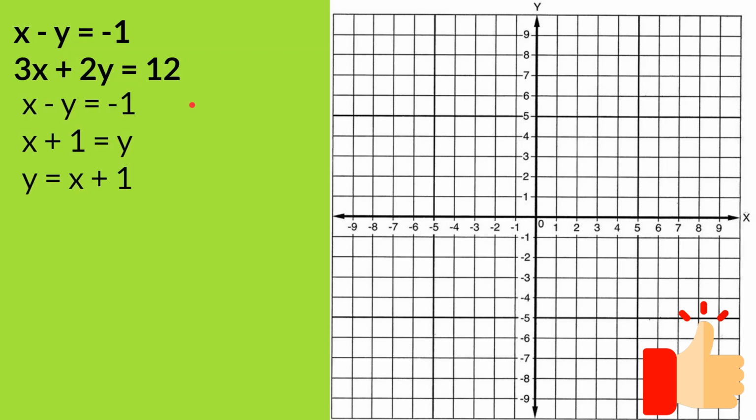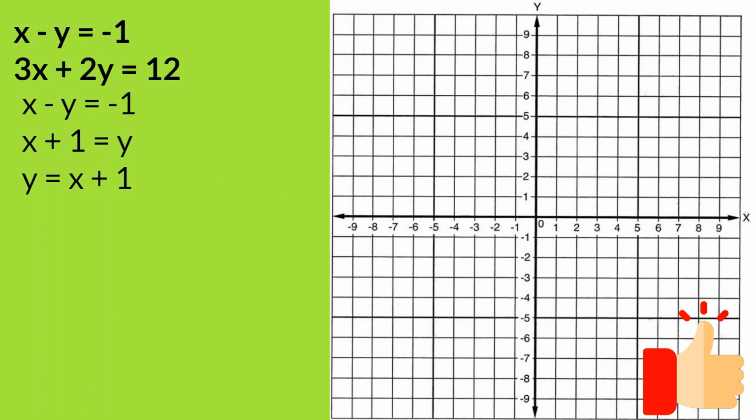So let's see, x minus y is equal to 1, so of course we'll subtract 1 from both sides, and it will be x minus y minus 1 is equal to 0. Add y to both sides, so x minus 1 is equal to y, as minus y and plus y will cancel. So just reversing the sides, y is equal to x minus 1. So whatever the value of x be, y will always be 1 less than it.